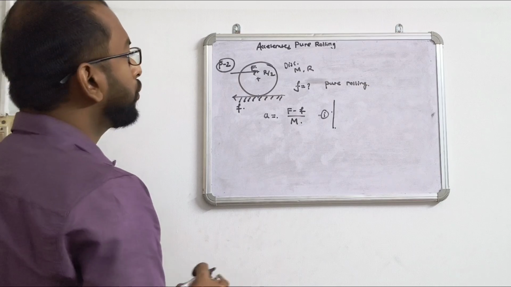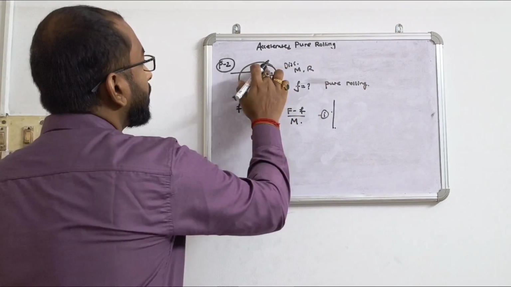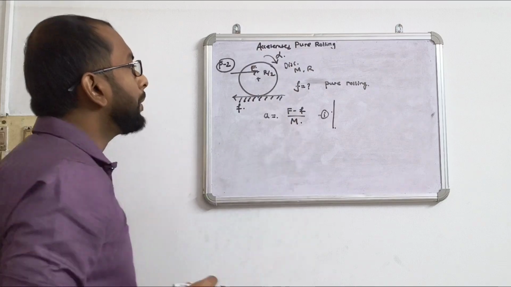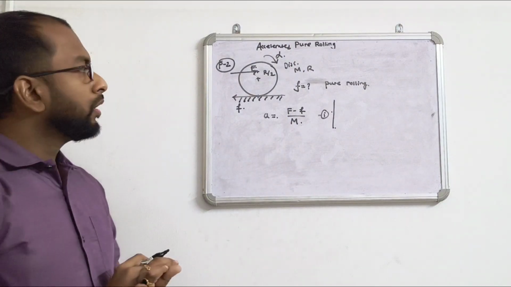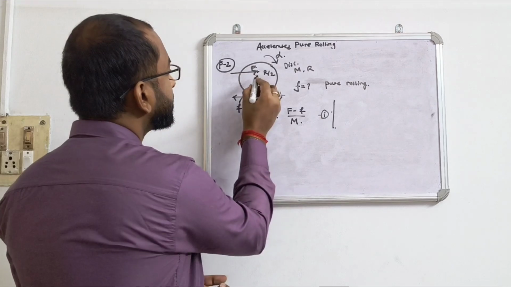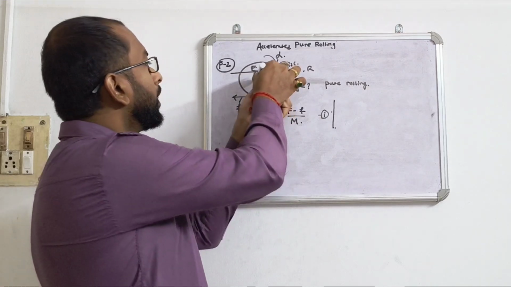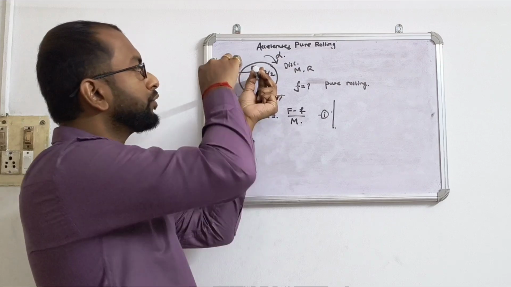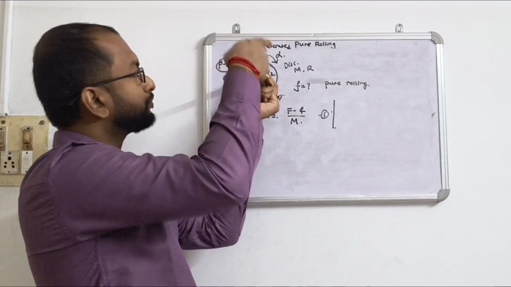Now, in order to have pure rolling motion, it should also rotate. So it should have some amount of torque applied in the clockwise direction. With respect to the center, due to the capital F, the external force, it is also getting one torque.